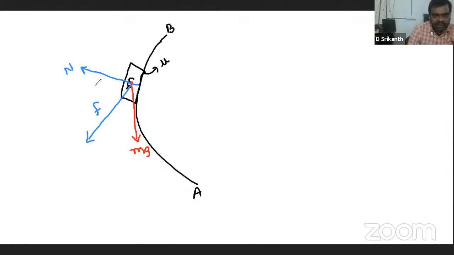Now see, the resultant of frictional force and normal force, we are having this one.